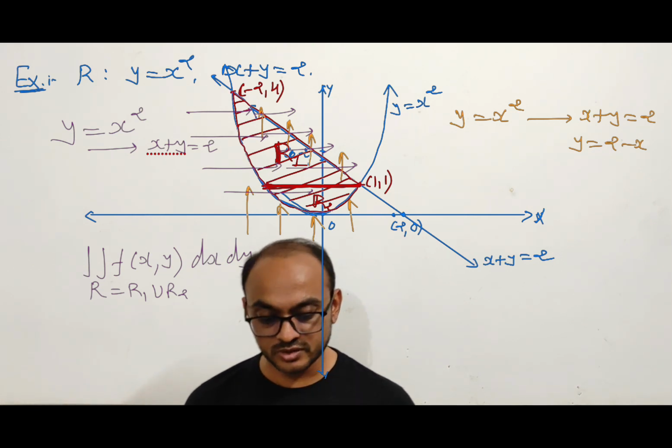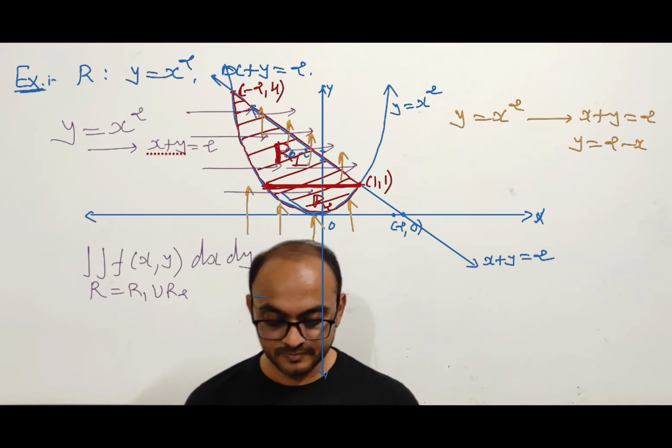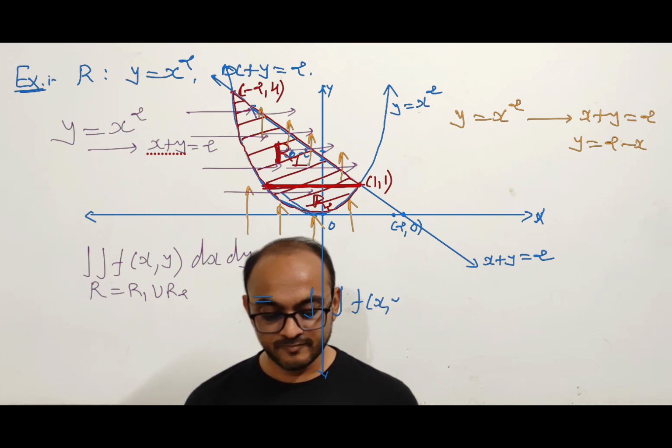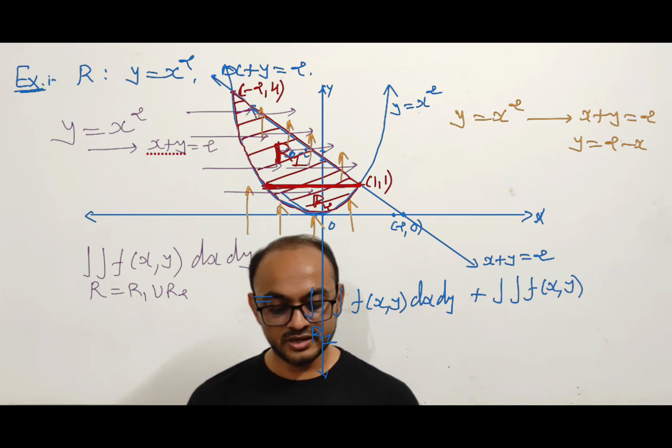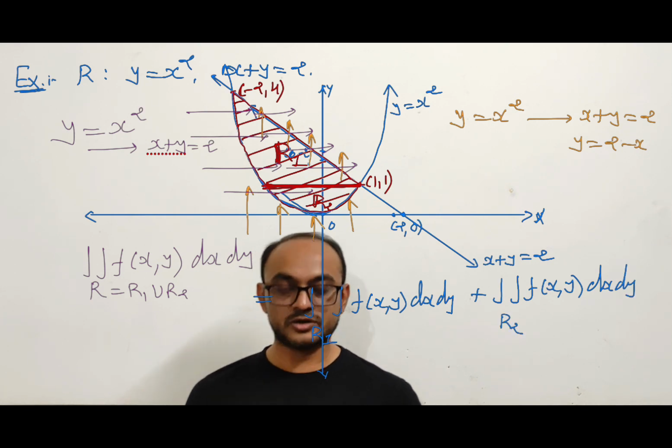That is also important. So this is equal to double integration f of xy dx dy for region R1, plus double integration f of xy dx dy for region R2.